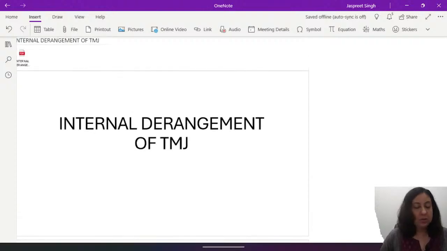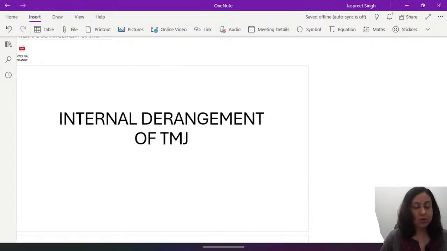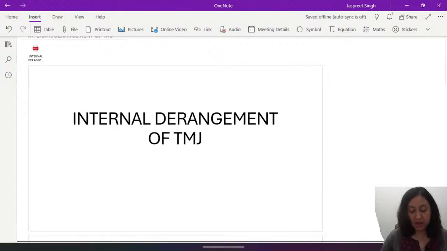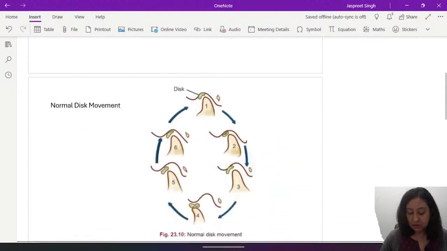Don't get confused. The diagrams that I have are not very fancy diagrams. They're very simple diagrams to understand the relationship of the disc and the condyle. There are some technicalities in the diagrams which are not correct, but I will let you know. Take a note of this.